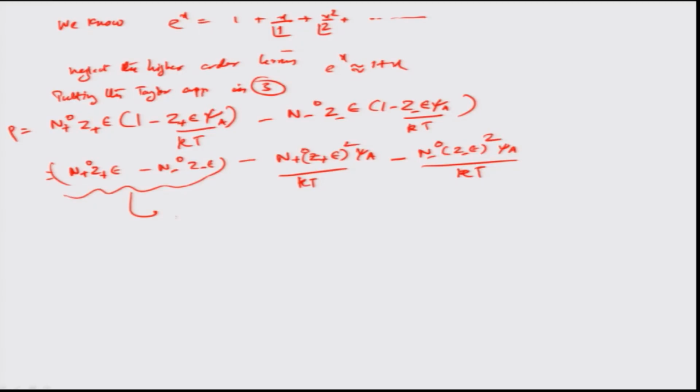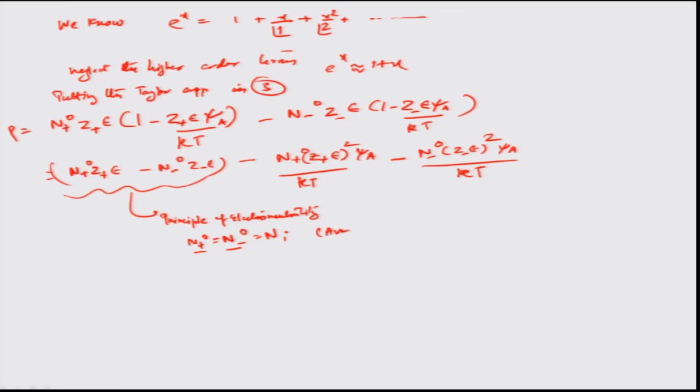So, the first term here, based on the principle of electron neutrality, which holds true at infinite distance, you can assume that there is no influence of the central charge at a distance r equal to infinity from the charge itself. So, there is exactly equal number of positive and negative charges. Therefore, in this whole expression, n plus 0 and n minus 0 are same to each other.